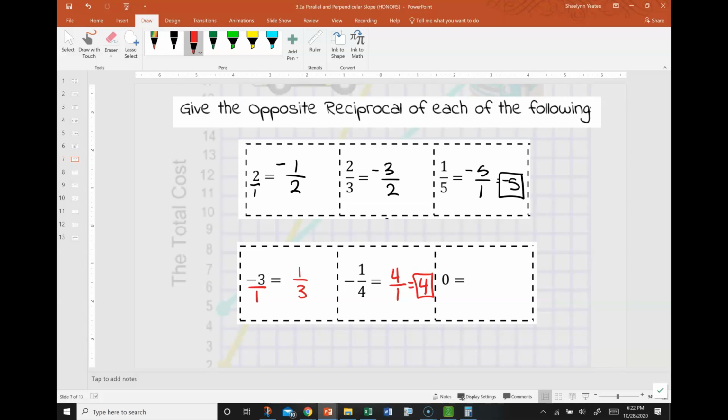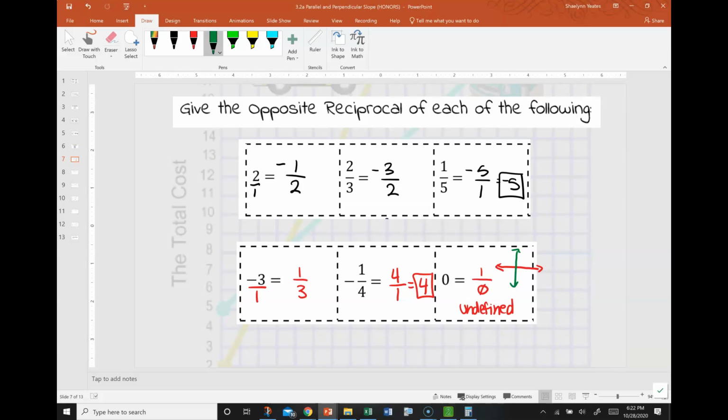Now, what's interesting about the reciprocal of 0 is you can think of this as 1 over 0. This is undefined. So this is why the slope here, this flat horizontal slope, is perpendicular to this undefined slope.